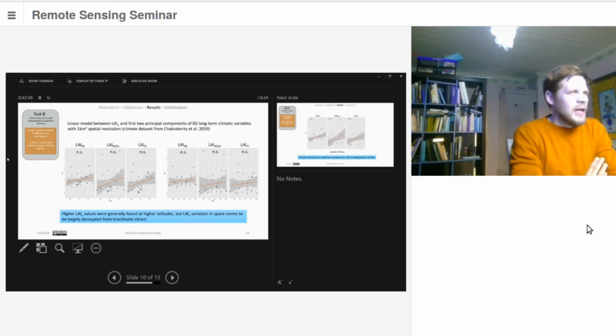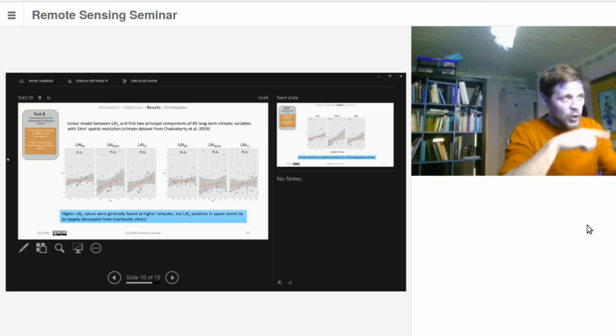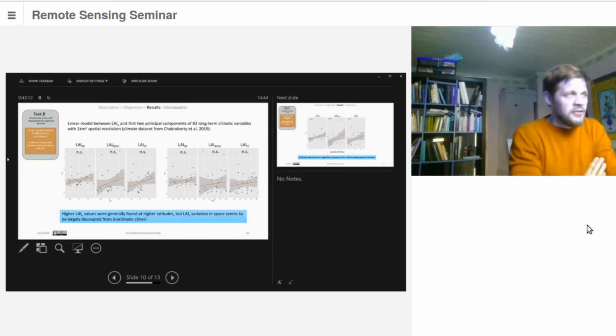Interestingly, we employed a climate data set from Chakraborty et al., which provided 83 long-term climatic variables with 1 square kilometer spatial resolution over Europe, and we took the values of the 1 square kilometer grid where our site fell into, and then we reduced the complexity of all these variables by simply producing principal components of these 83 long-term climatic variables.